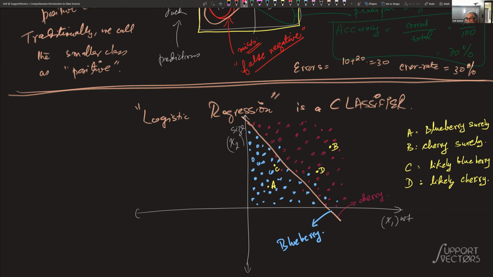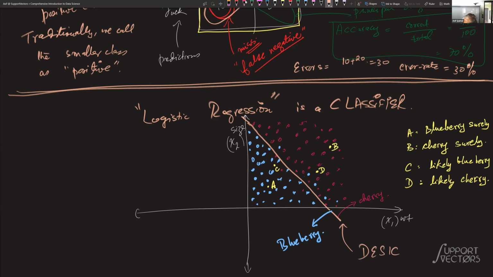Isn't it? That's how your mind is deciding. So because A and C fall on the lower side of this line, you call it a blueberry. The things that fall on the other side of it, you call a cherry. But you also notice that the further away you are from the decision boundary, which is what this line is called, the more certain you are.